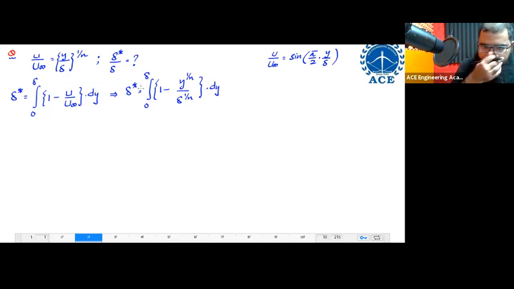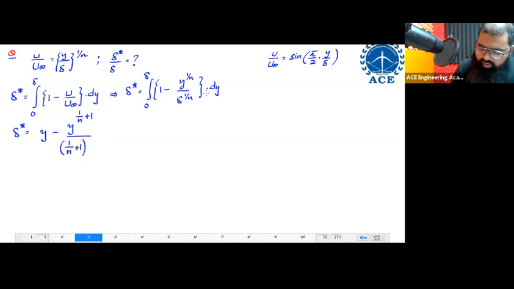Let us integrate this. Integral of 1 dy is equal to y. So I'm having over here y minus the integral of y power 1 by n dy, which is going to be equal to y power (1 by n plus 1) divided by (1 by n plus 1).